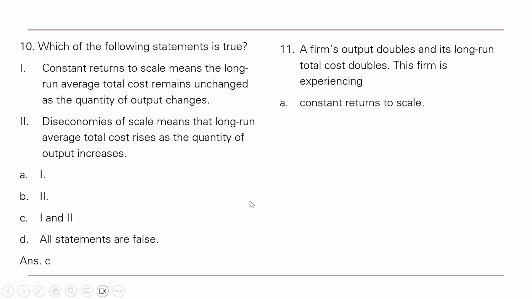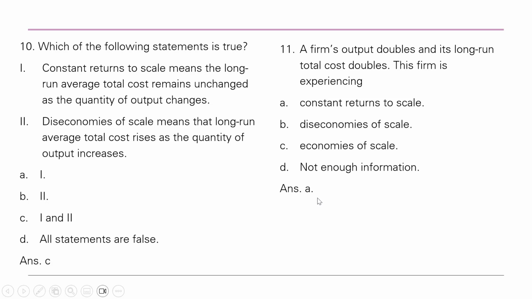Question 11, a firm's output doubles and its long-run total cost doubles. This firm is experiencing... So the correct answer here is going to be constant returns to scale. So I'm just going to make up some numbers here. Let's say the firm has a total cost of $100 and is producing 20 units of output. The long-run average total cost in this case is $5.